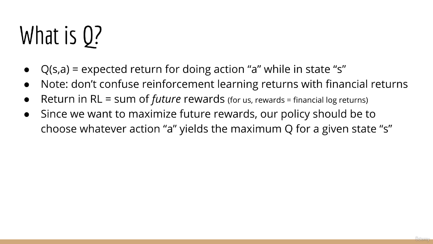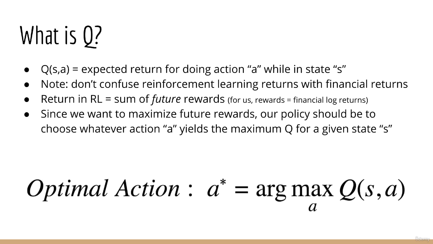Then, it should be clear that if I find myself in some state S, I can use the Q table to determine what the best possible action is. I simply need to search through all the possible actions to find the maximum Q. That is, my policy should be to take the argmax over Q(S, A) for all possible actions A. So that takes care of how we should use the Q table, assuming it contains the right values.